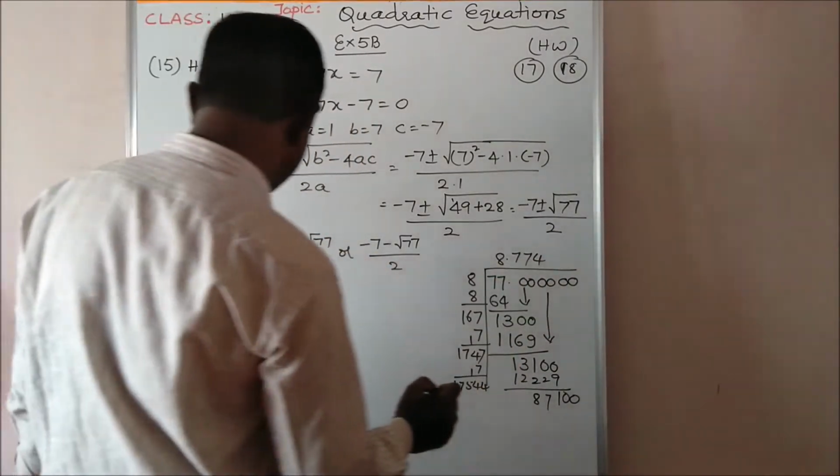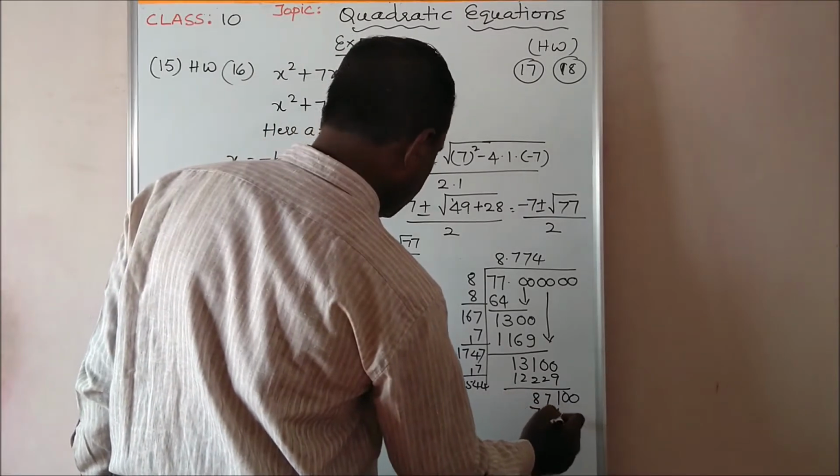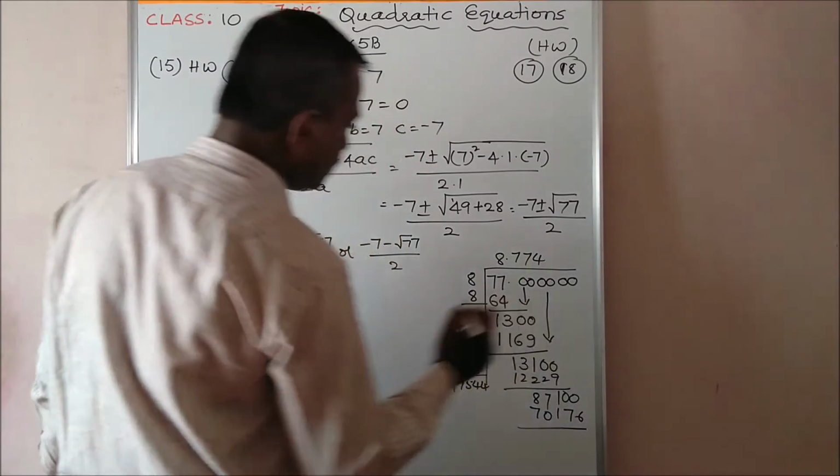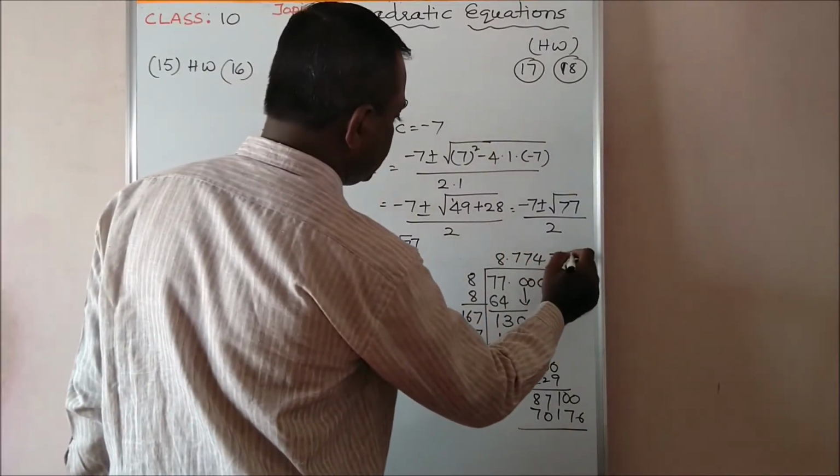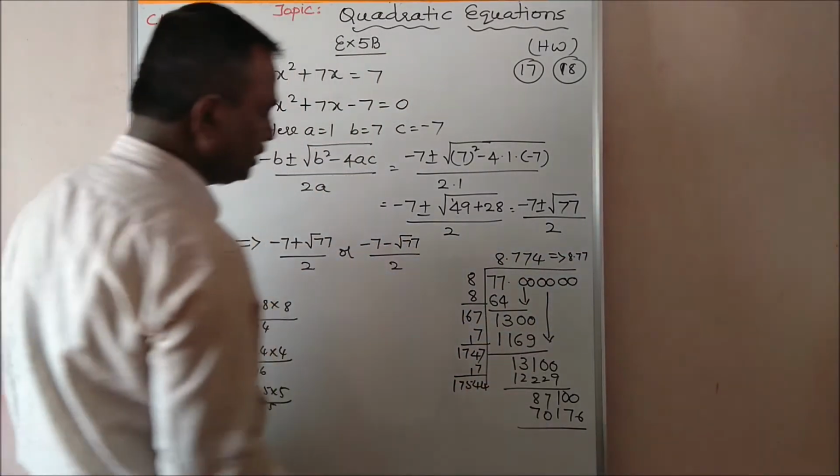What happens? 70,176. No need to subtract. So we got the value. Now in round figure, this implies 8.77, 2 decimal places.